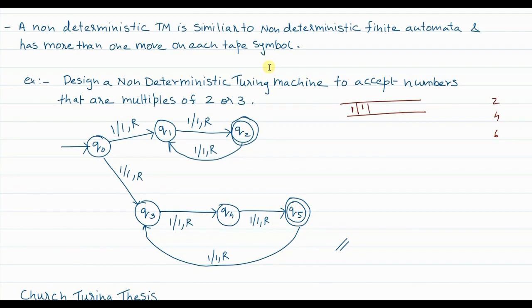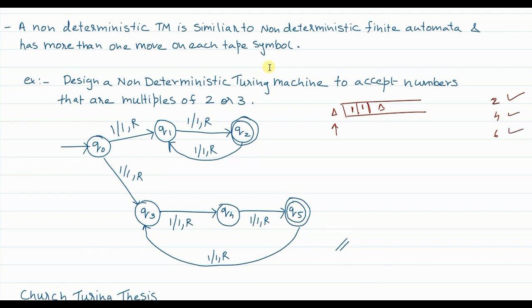Let's say 2 is represented on the tape with 2 ones. The Turing machine, to accept multiples of 2, should be able to accept 2, 4, 6 and so on.